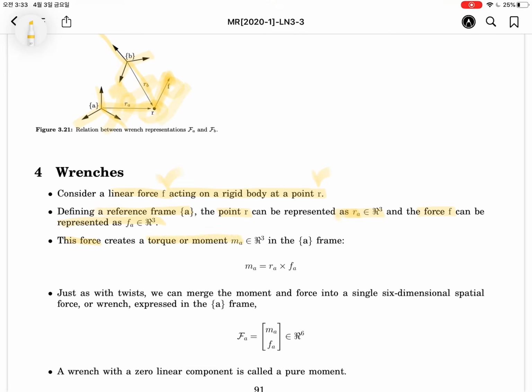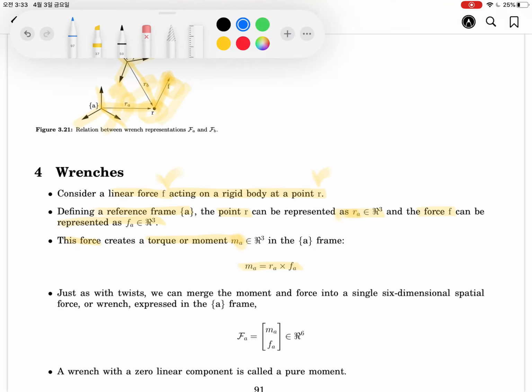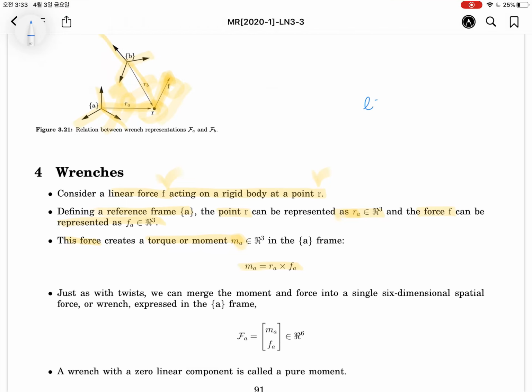The moment or torque denoted by m_A is obtained by r cross F. So moment or torque is defined as r_A cross F_A. Okay, we know two kinds of variable, linear force and moment. Both are dependent on where the coordinate is, where the frame is.